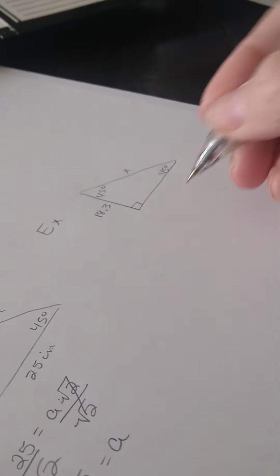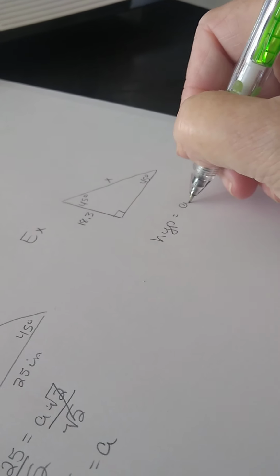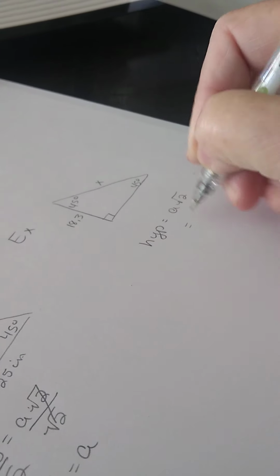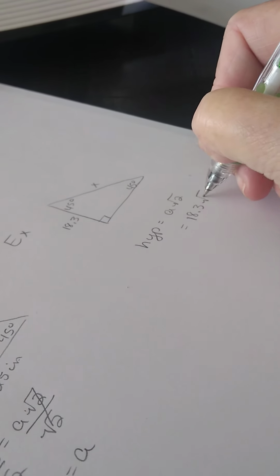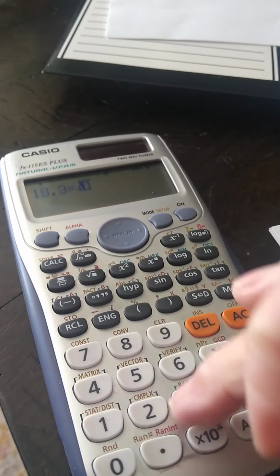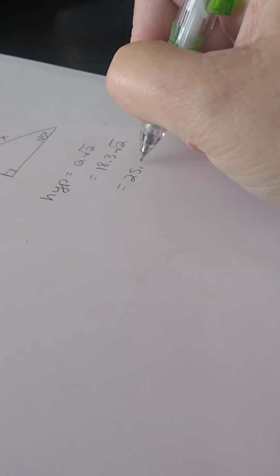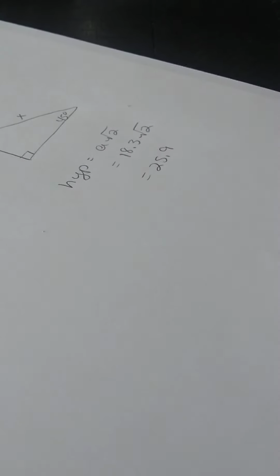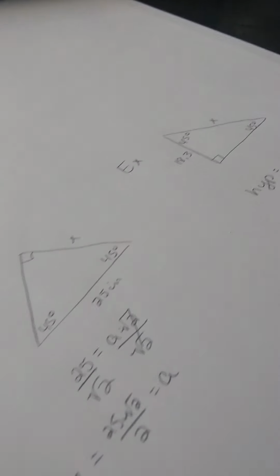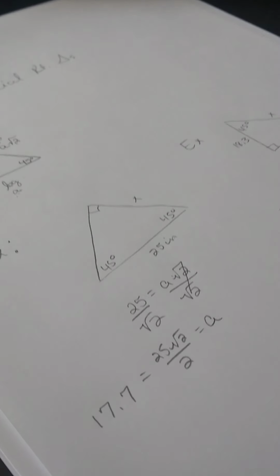So the hypotenuse is A times square root of 2, which is 18.3 times square root of 2. I'm going to plug that in my calculator, and I get 25.9. So my hypotenuse would be 25.9. All right, so that is how you do the 45, 45, 90.